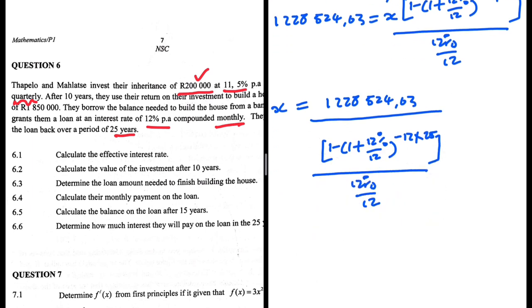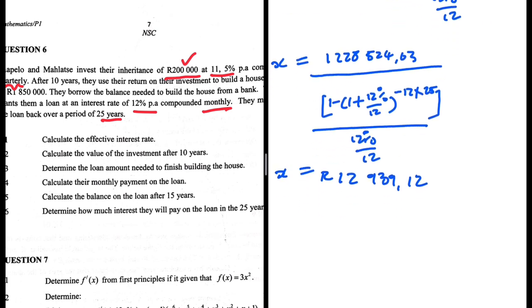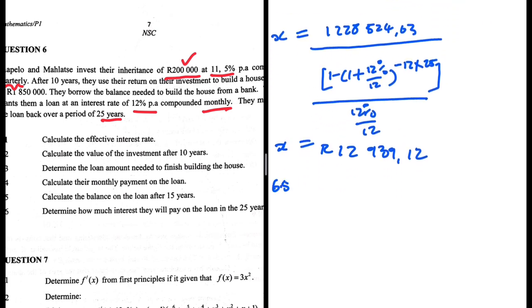There we go. I'm getting 12,939. So X is 12,939.12 cents. So there we go. That is the monthly payment on the loan. That is 6.4. Let's take a look at 6.5.